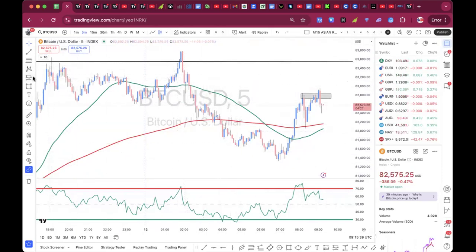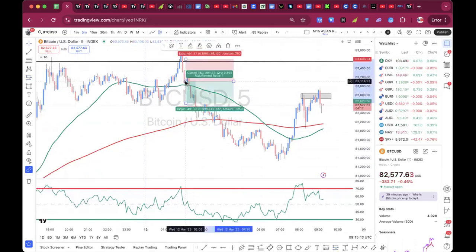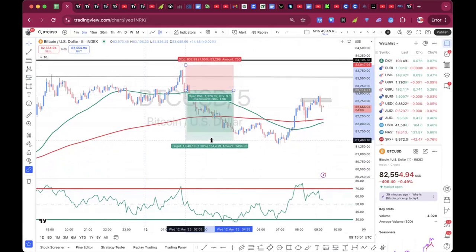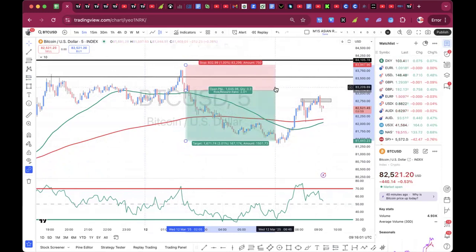But if we look at it here now, the entry was here. Then your stop loss here, 1:2. It's already 1:2 at that point. Can you see?